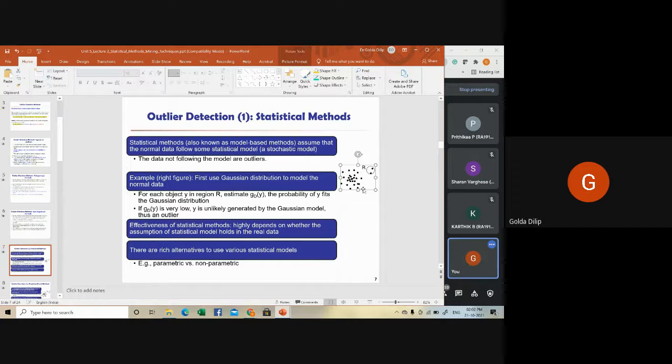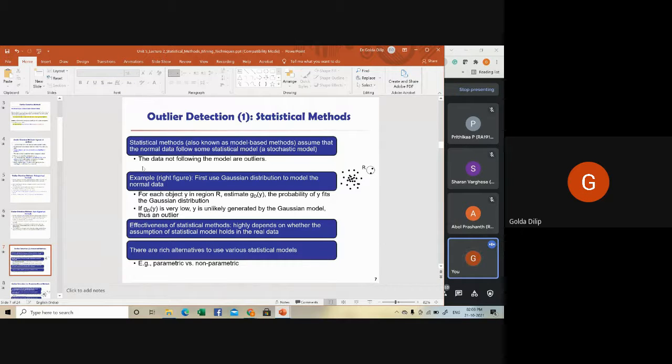The Gaussian distribution can be used to model the normal data, so that most of the data points in the particular set will come under that. That's what you can use the Gaussian distribution to model the normal data for, and which will help you to detect the outliers.